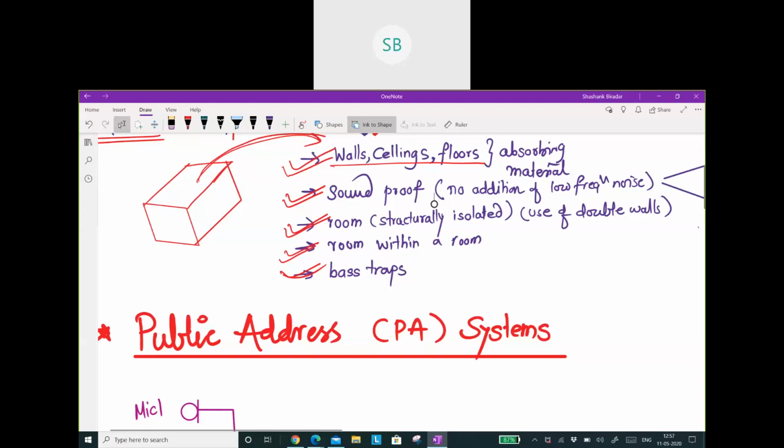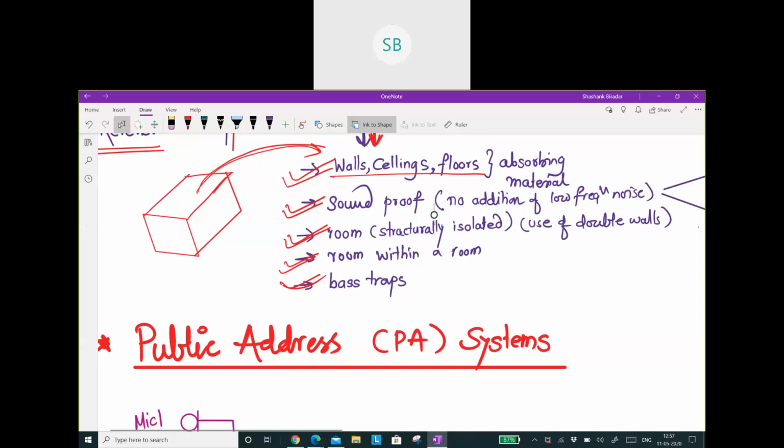We will move further to the public address system. So what do you mean by public address system? Many times we have encountered PA systems, but we don't know they are called PA systems. The sound intensity decreases as the distance from the source increases, that we all know.